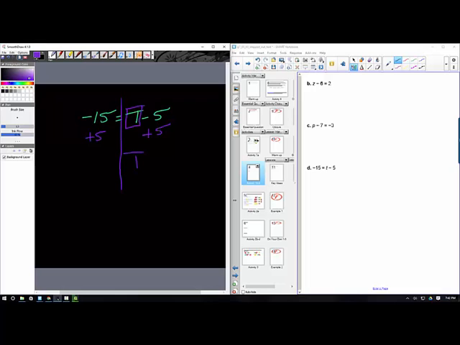I'm going to have t equals, this would equal negative 10. And this is equal to t equals negative 10. It doesn't matter what side, they're equal. So whatever, it's written the same way. So if I plug this in and I say negative 10 minus 5, that means I owe somebody $10, I owe them $5, altogether I owe them 15. So it works.